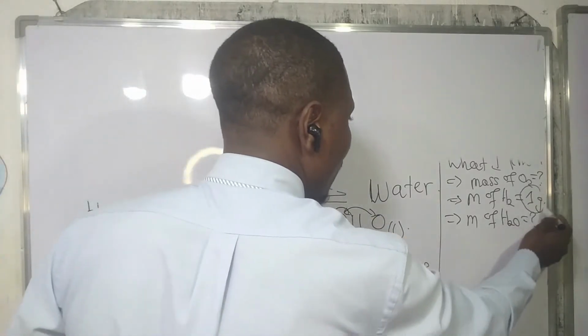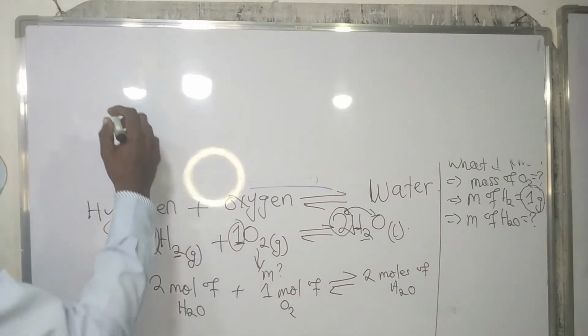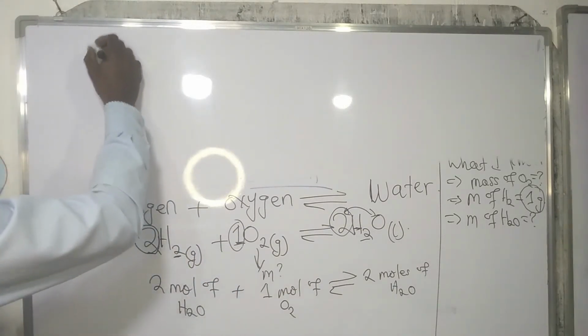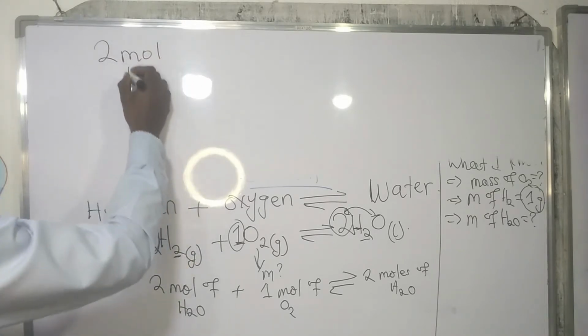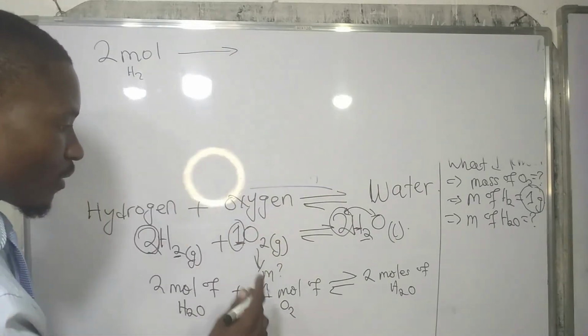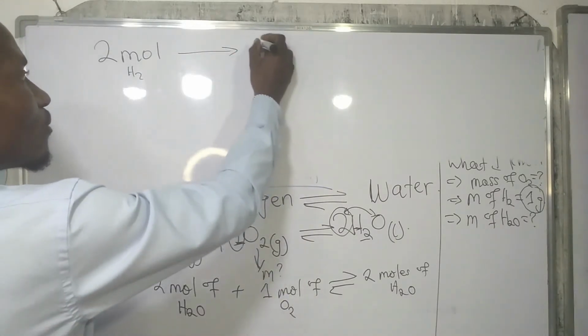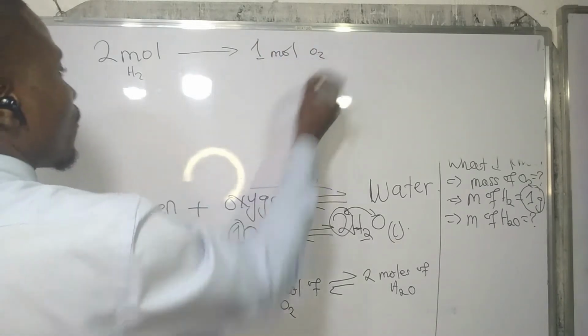They have told me that the mass of hydrogen is 1. So I'm going to say that the 2 moles of hydrogen react with 1 mole of oxygen, okay, 1 mole of oxygen.